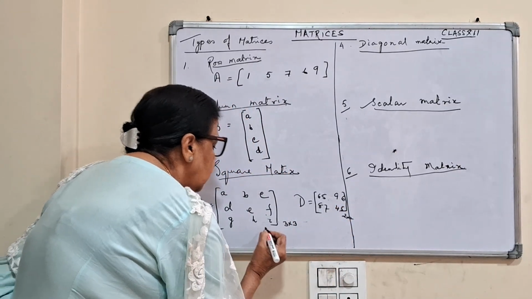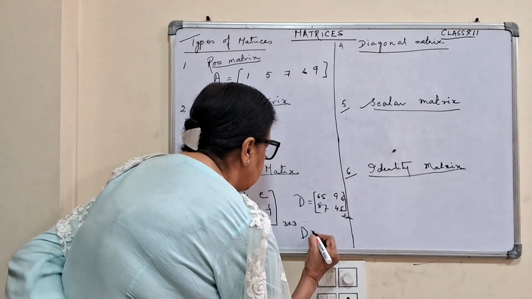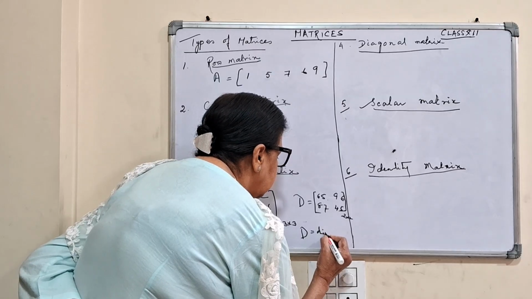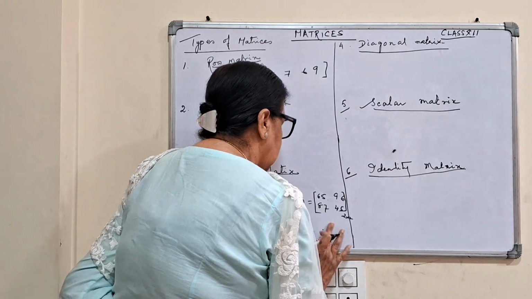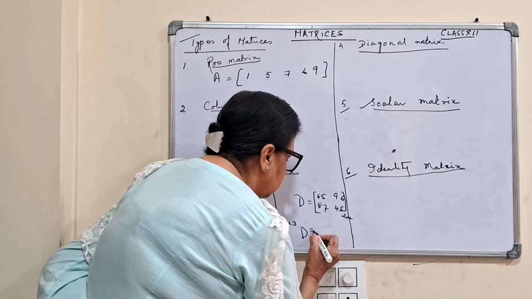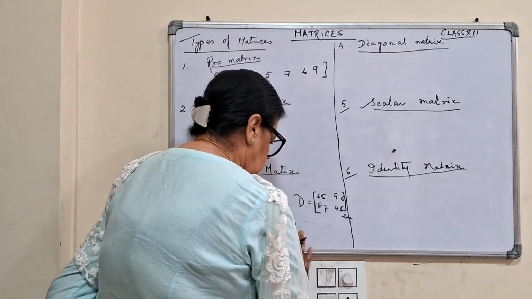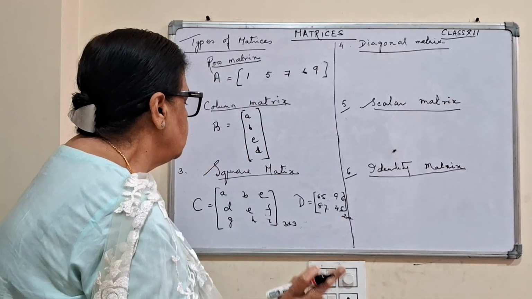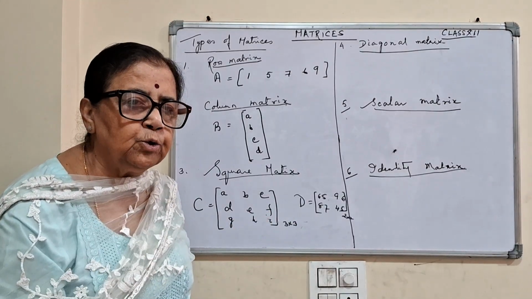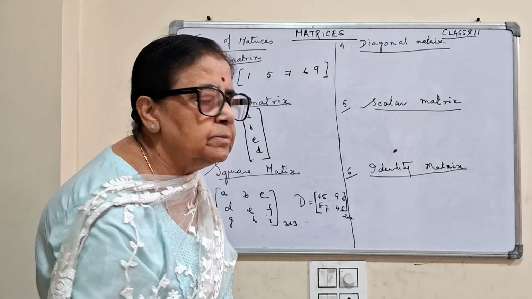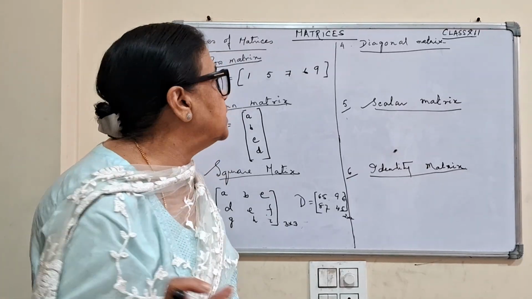D can be written in this form, Dij, that is M into N. 2 into 2, and this is 3 into 3, 4 into 4, 5 into 5, and so on. The number of columns and the number of rows are equal to each other.